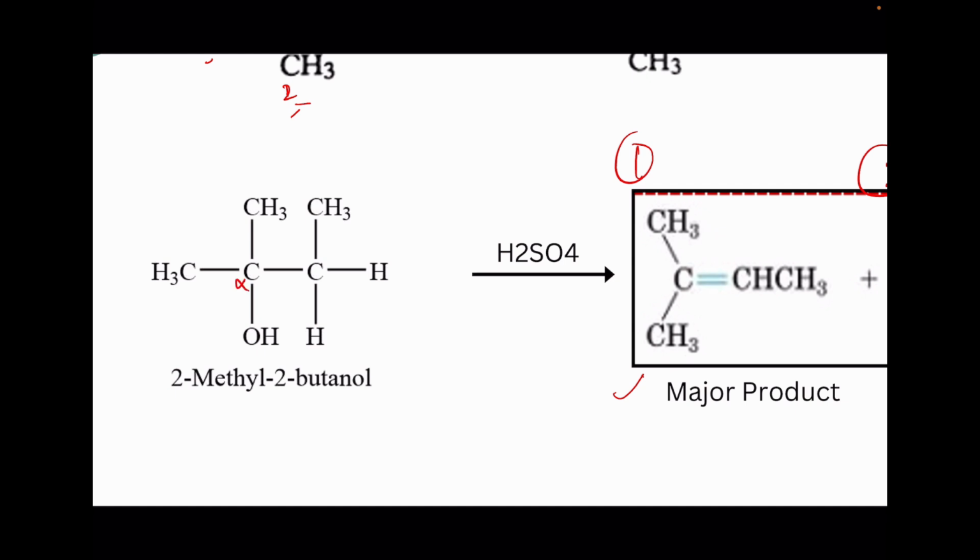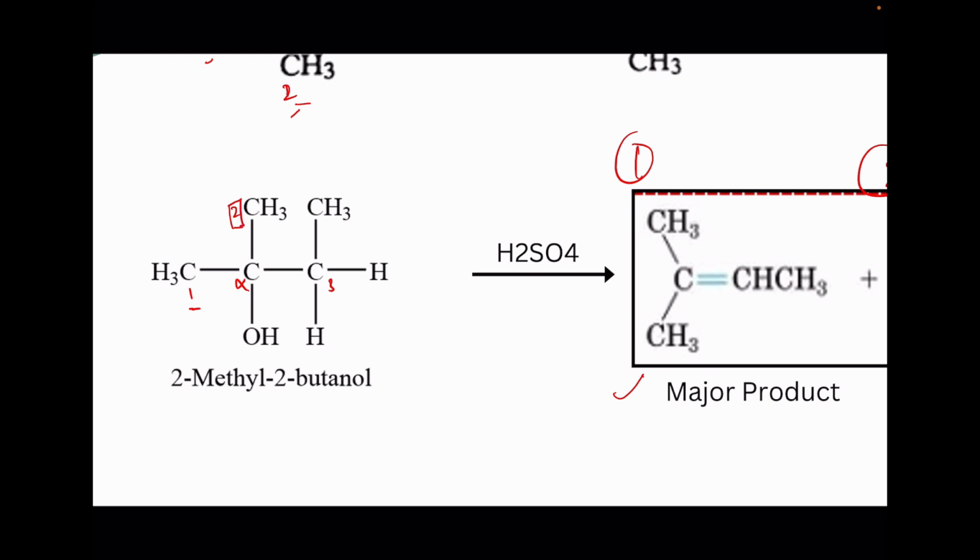Then we can have 1, 2, 3 possible products based on the structure. However, carbon number 1 and carbon number 2 have a similar structure, so we just take either one to be the product. Let's say I put the second one as the product of the reaction.